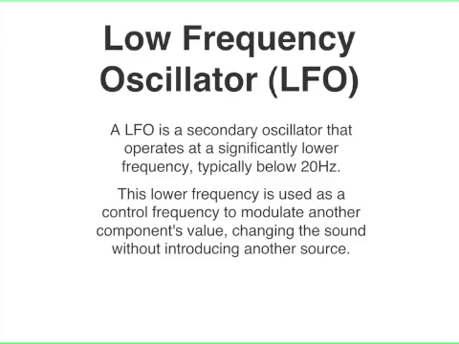There is another type of oscillator. It's called a low frequency oscillator. But this oscillator, unlike the other two, really operates as a secondary oscillator. And it operates at a low frequency, hence its name, typically below 20 hertz.